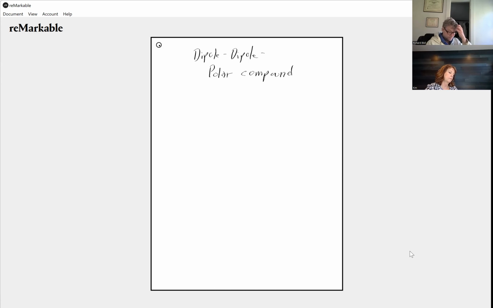let's look at methylene chloride. Methylene chloride used to be what they used for dry cleaning. It's a wonderful little solvent. They don't use it anymore because it was killing people, by the way.